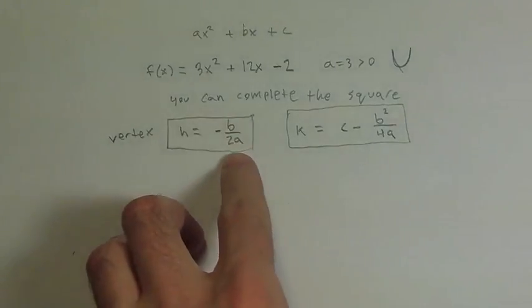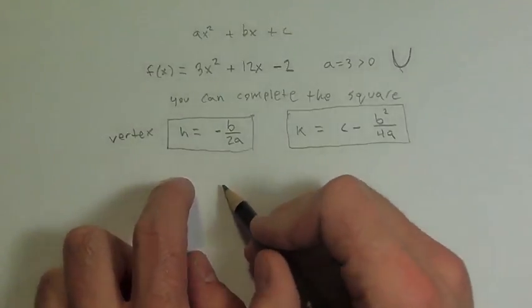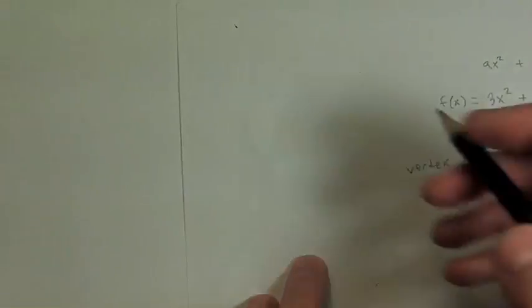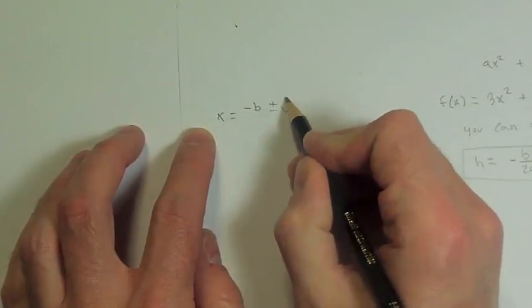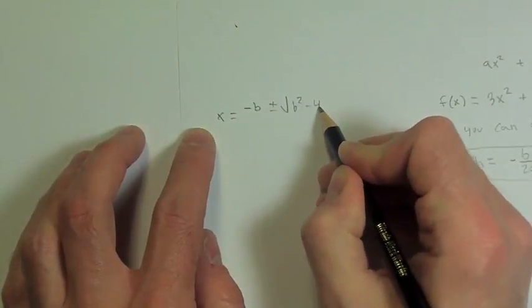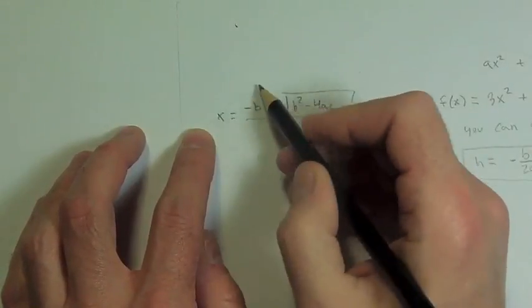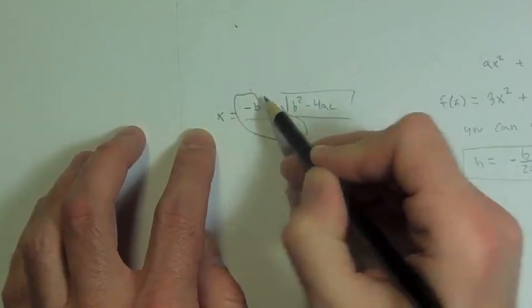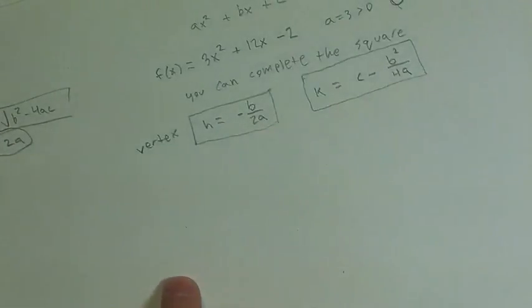In fact, this negative b over 2a should look familiar, because when you solve a quadratic equation, you get x is equal to negative b plus or minus the square root of b squared minus 4ac all over 2a. This negative b over 2a, that is the vertex. That's where that's coming from.